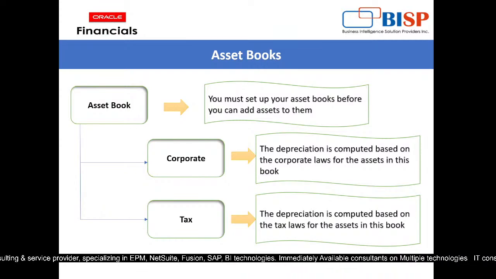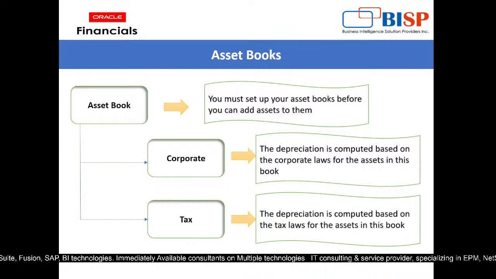So this is the basic intro, and now if we talk more about the corporate book, an asset can belong to any number of tax books, but it must belong to only one corporate book. New or existing assets must first be added to your corporate book, and then they can be easily copied to all their associated tax books.